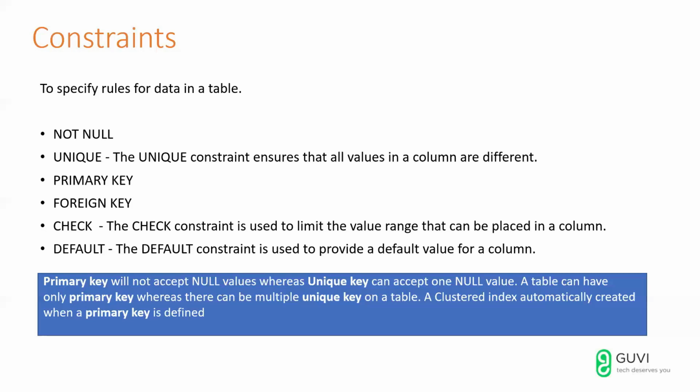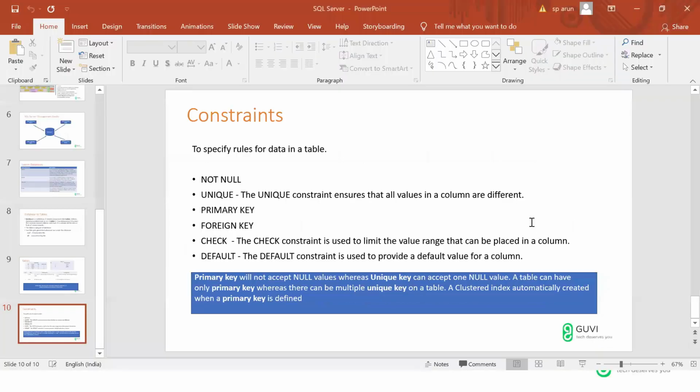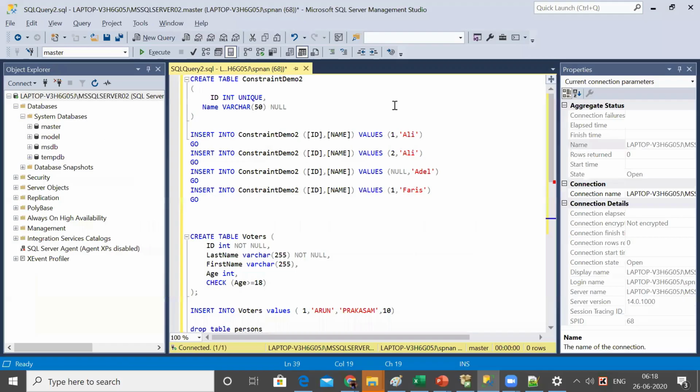Let's flip back to the SQL Server Management Studio. The first example we are going to see is for the unique constraint. I am going to create a table, constraint demo, and I have columns called ID and name. The ID column has been marked with a unique constraint. Let me create the table first.